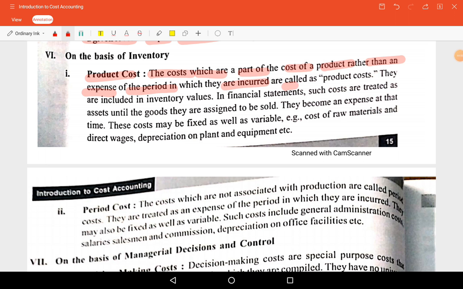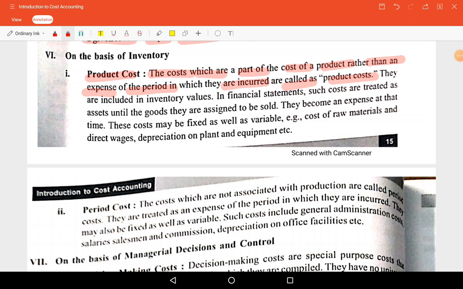What they are saying, they are part of the cost of product rather than the expenses for the period. वो period की expenditure नहीं है, they are directly related with the product.